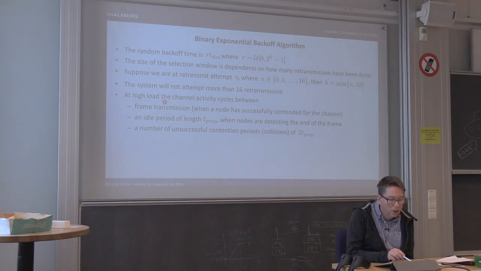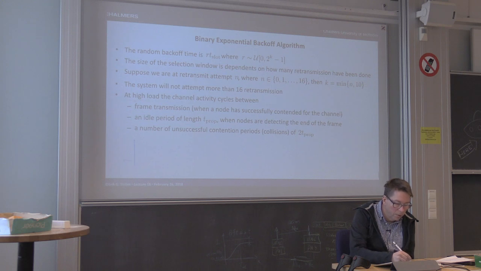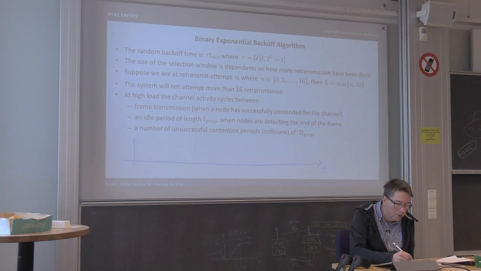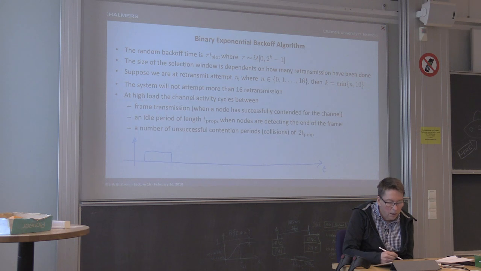At high load, the channel activity cycle is basically like this: if one just listened to the medium, what would we see? Well, we would see a frame transmission. And during this time, any other node that would like to transmit, maybe a blue user here and a green user here, will wait until the end of the frame.